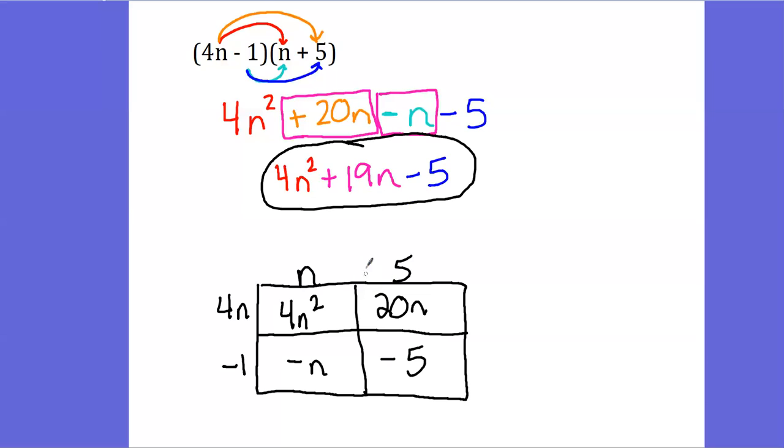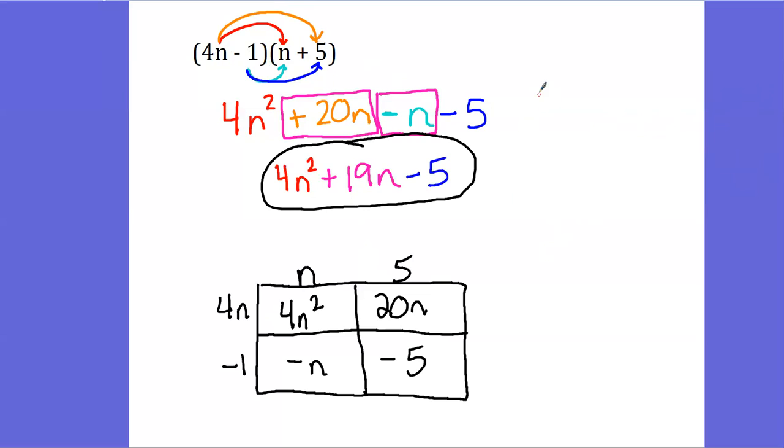Now, you might have heard people use the idea of FOIL. And foiling is just kind of like this neat little acronym to help you memorize how you use the distributive property here. So for example, I take 4n times n.